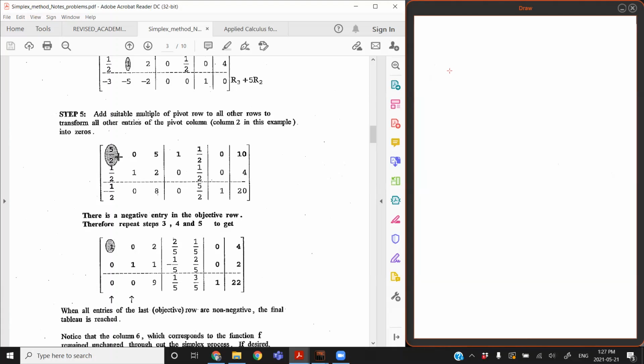So if I multiply that by 2 over 5, I get 1, 0, and then 2 over 5 times 5 is 2. 2 over 5 times 1 is 2 over 5. 2 over 5 times 1 over 2 is 1 over 5. Then I get 0, and then 2 over 5 times 10 is 20 over 5. That's 4.